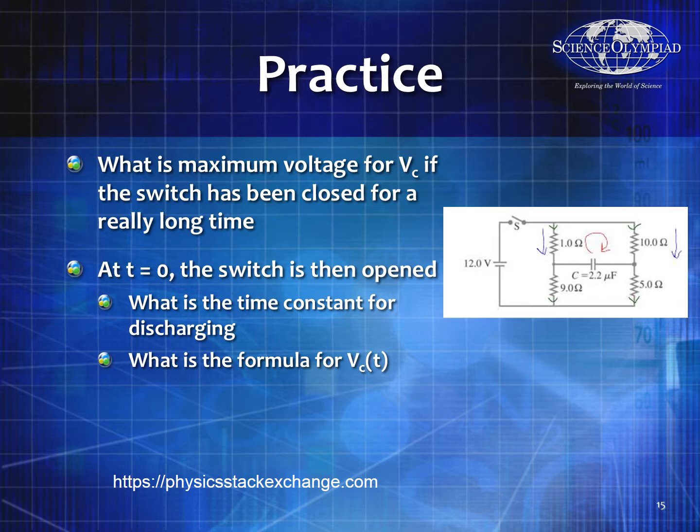What you'll notice is that on one side of the capacitor, I've got a different voltage than on the other side. On one side, the 10 to 5, that's 2 to 1, so that's 8 volts along the 10 ohm resistor and 4 volts along the 5 ohm resistor, which means it is about 4 volts right there. On the other side it's 1 to 9, so I divide by 10.